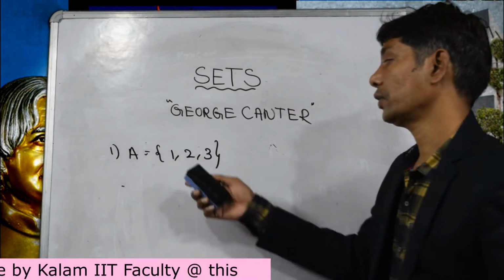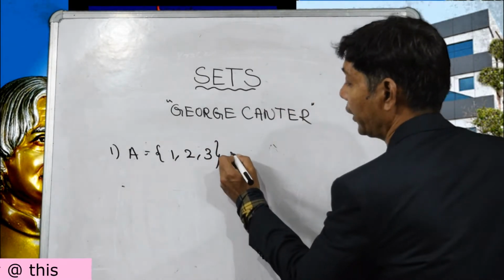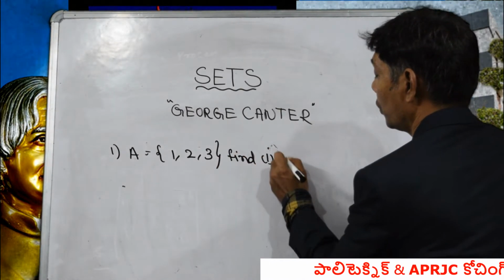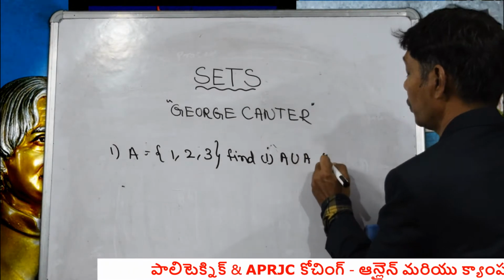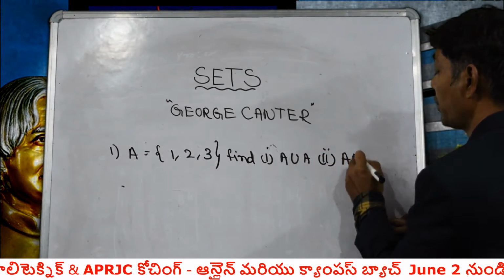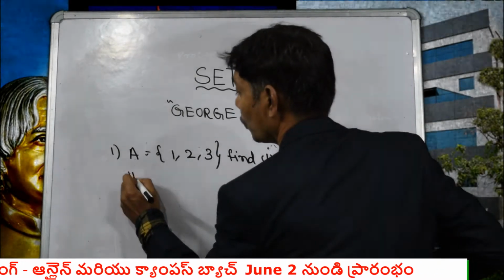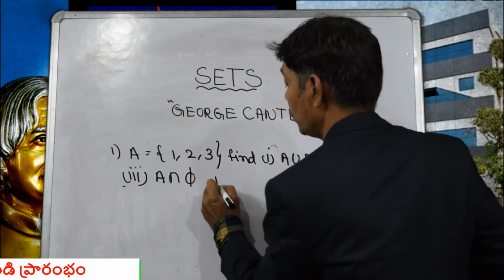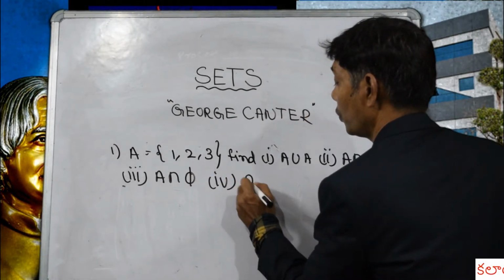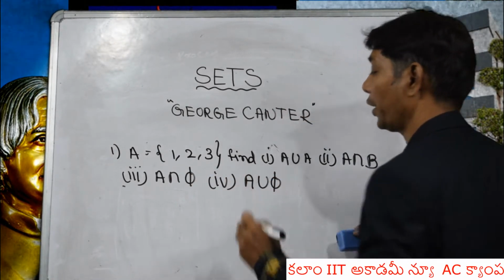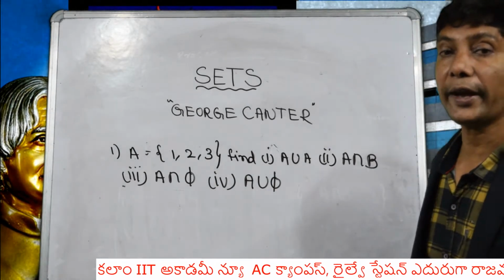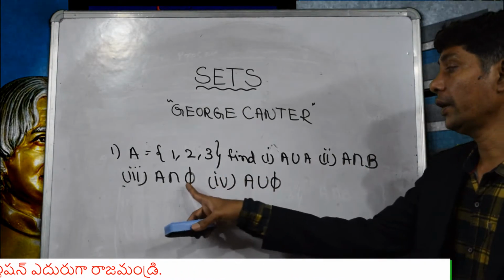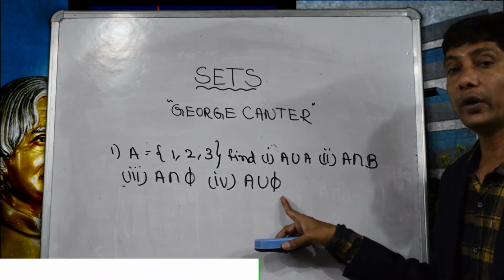These are the elements in A. Now you have to find one, A union A; two, A intersection A; third, A intersection phi; fourth, A union phi. Phi means empty bracket.